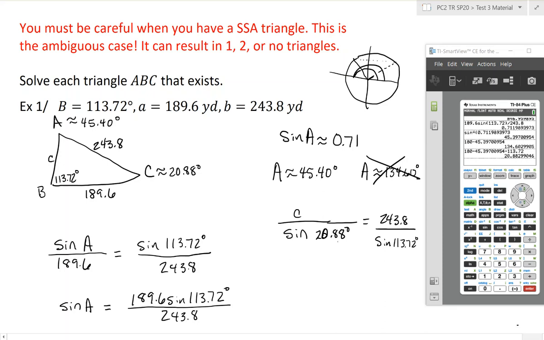And I'm just going to multiply both sides by the sine of 20.88 degrees. So my little c is 243.8 times the sine of 20.88, and we're dividing all of that by the sine of 113.72.